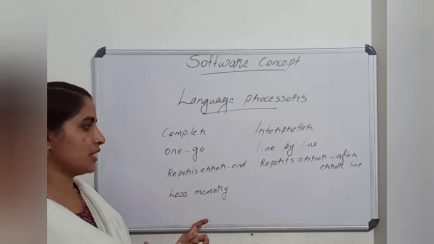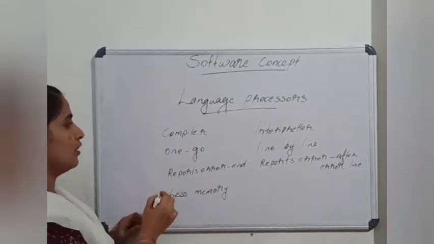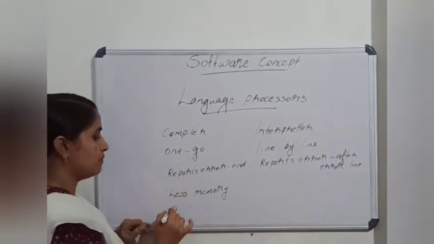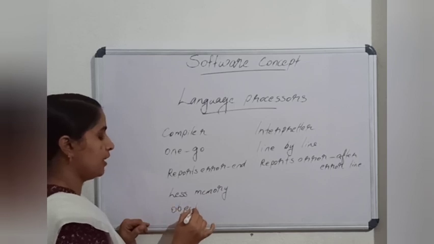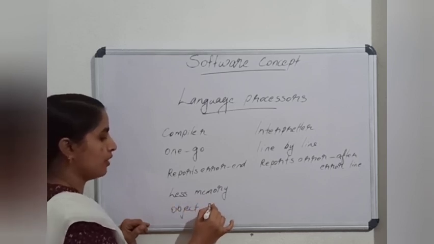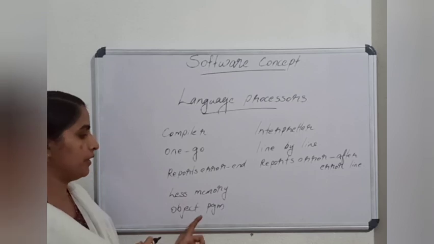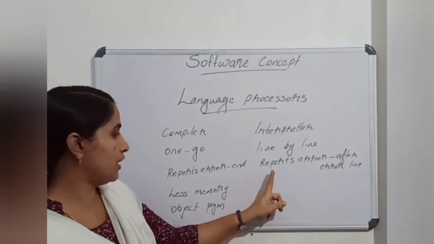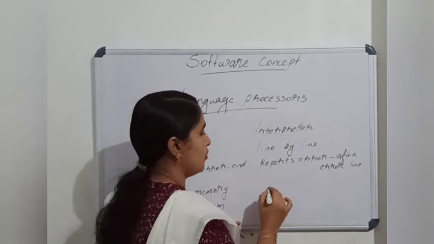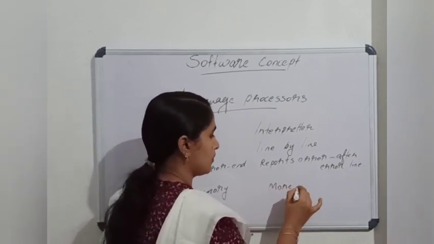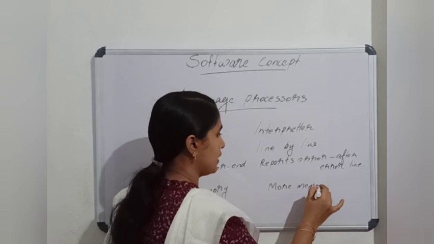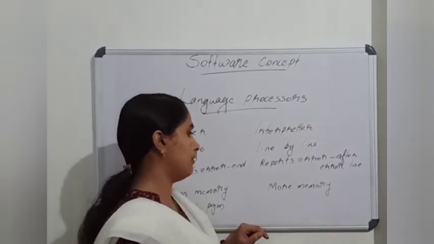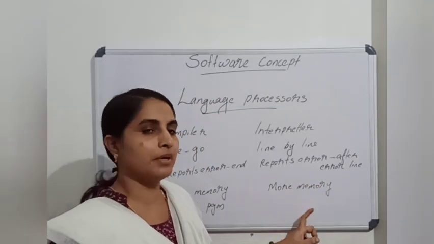Because when it becomes error-free, it creates a new intermediate file called the object program file and keeps it in computer memory. But in the case of an interpreter, it requires more memory, because it is not creating any intermediate file even if the program becomes error-free.